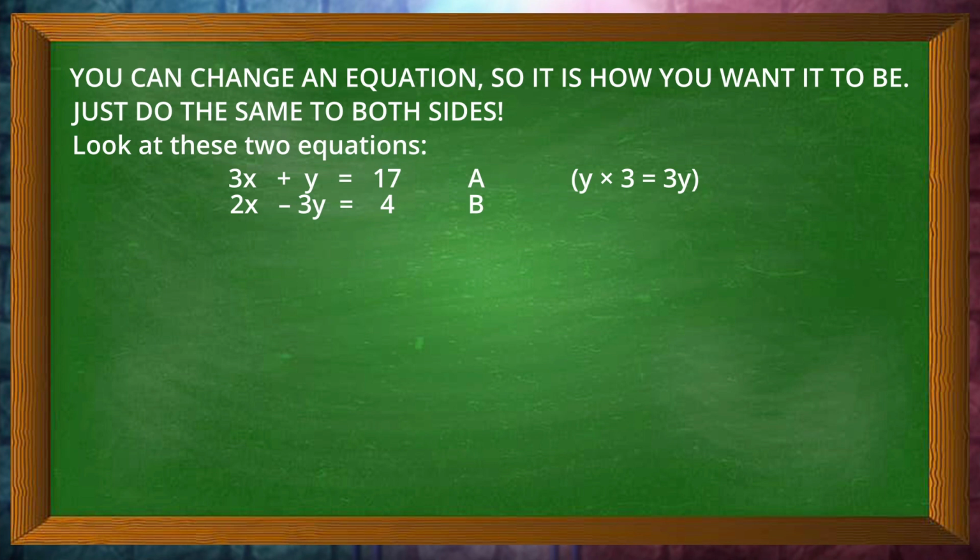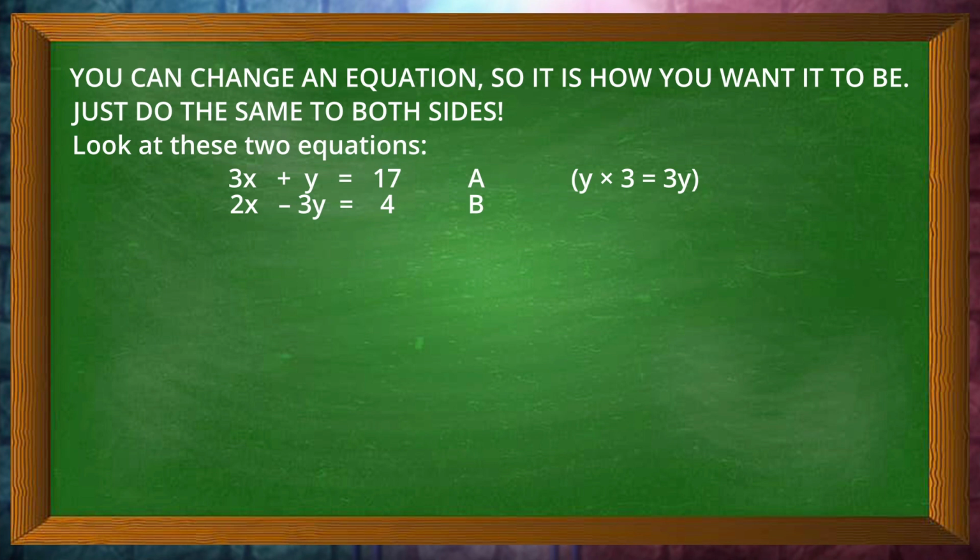However, it is easy to change 1y into 3y by multiplying by 3. The y terms have the added advantage that the signs are already opposite. One is positive and one is negative. Let's multiply the whole of equation A by 3.